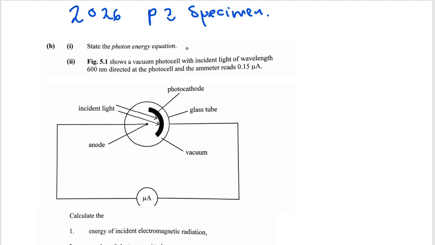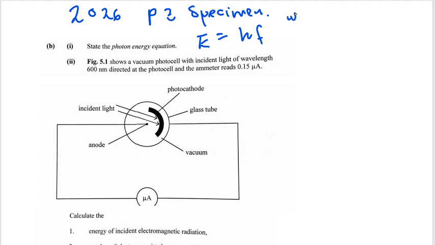Millikan's drop experiment states the photon energy equation. So we all know that the energy of a photon is equal to hf, right? Every time you are stating an equation, you must give us the meaning of the terms.